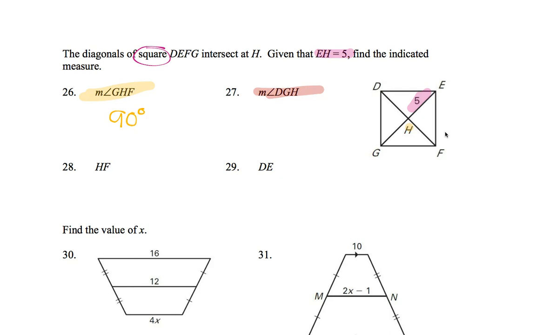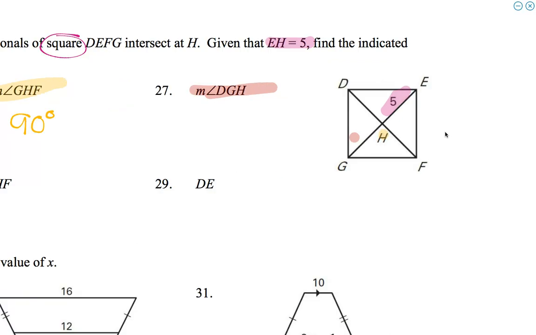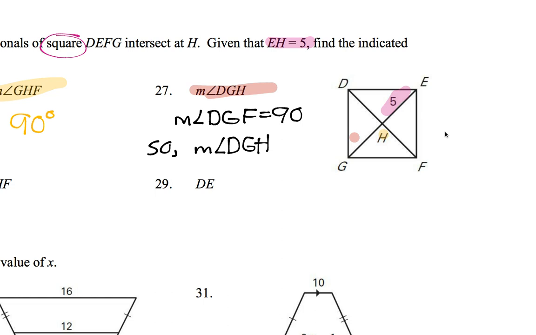DGH, it's a rectangle, so DGF is 90. And since those vertices are bisected, DGH will be 45.